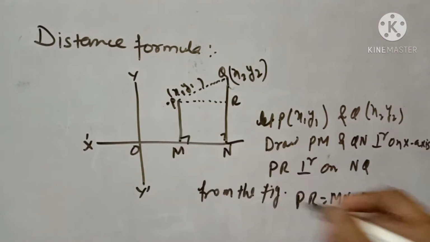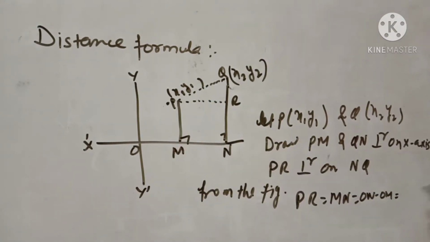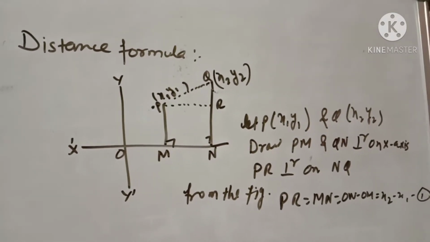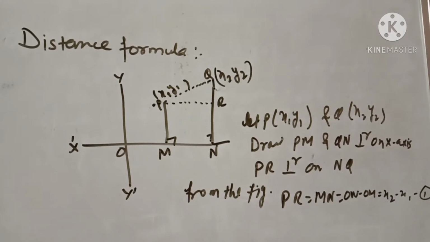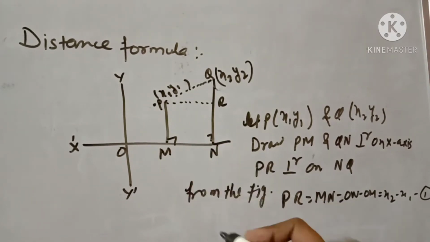And now see the coordinates. ON minus OM equals what? x2 minus x1. Let it be equation number 1.